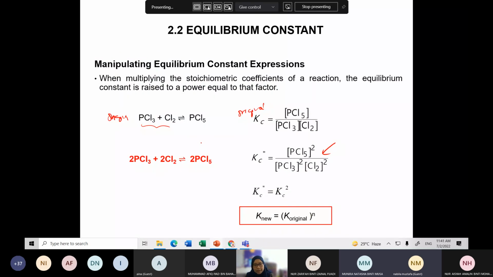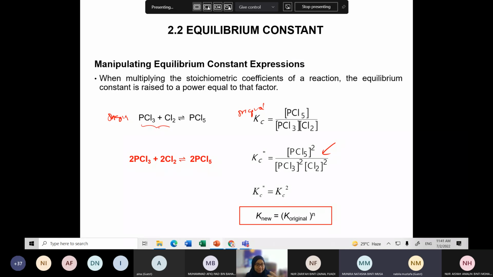Other than reversing the equation, we can also manipulate the equation by changing the coefficients. This is like Hess's law earlier: anything we change on the equation, we must make sure we alter the delta H. Remember last time?